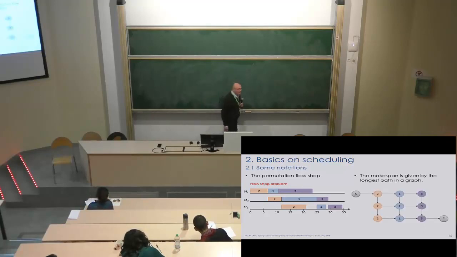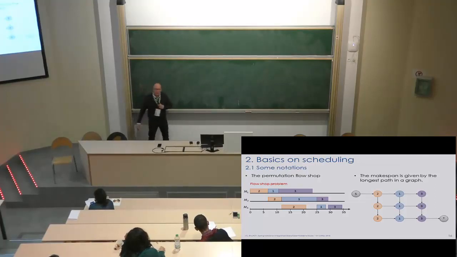Another remark is that in the flow shop, the makespan is given by the longest path in a graph. If you consider this flow shop and build this graph with 1 node per operation, on the horizontal lines you have the resource constraints, and on the vertical arcs you have the routing constraints.